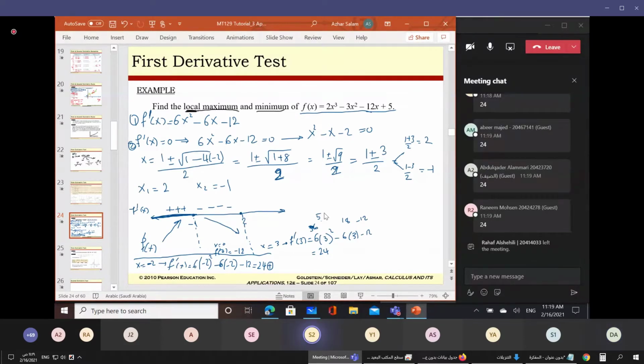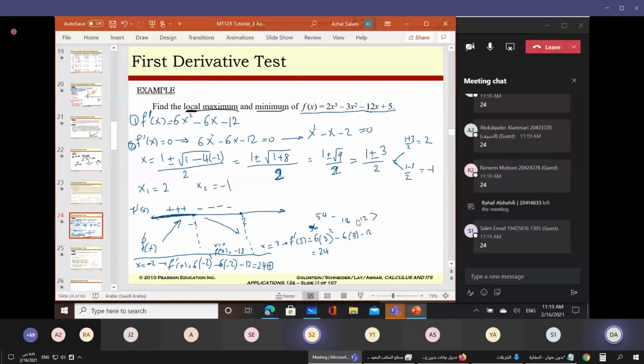It's obvious that it will be positive, right? 54 minus 18 minus 12, it will be 24. So it will be positive.